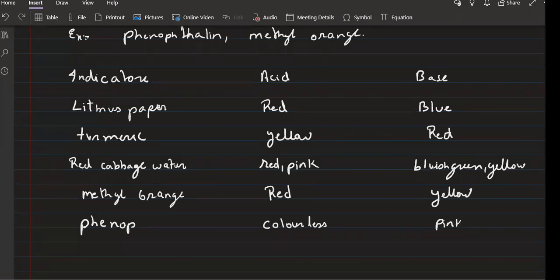Okay, everyone? Got it? It's just like water. Colorless means water. Water is colorless. There are many indicators. So these are some very famous indicators.